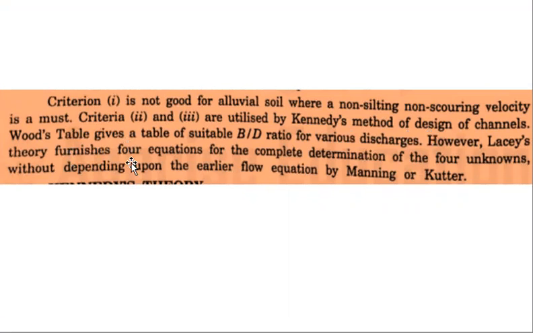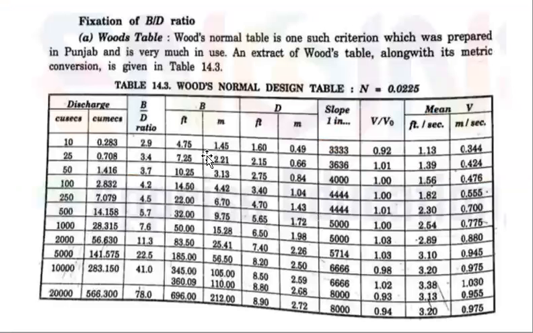And Wood's table also shows the suitable B by D ratio for the various discharges. So this is your Wood's normal design table. Here you have the discharge and the relevant B by D ratio and the slope, also the mean value. Okay, you can have a look at this.